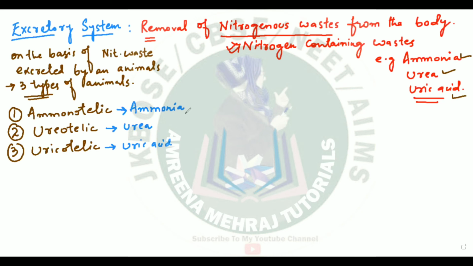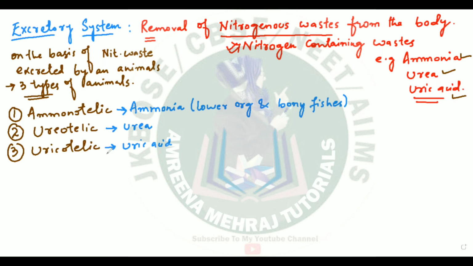Now, who are ammonotelic? Your lower organisms, specifically aquatic, are ammonotelic in nature. And bony fishes, because you have two types of fishes, bony fishes and cartilaginous fishes. Bony fishes are ammonotelic, and lower organisms are also ammonotelic. But aquatic they must be, because they require a lot of water in their vicinity in which they release this ammonia.